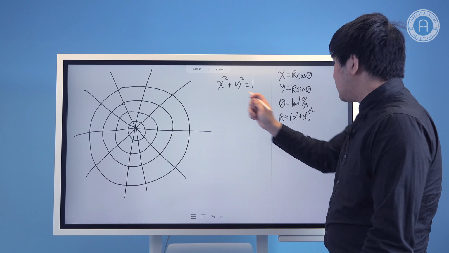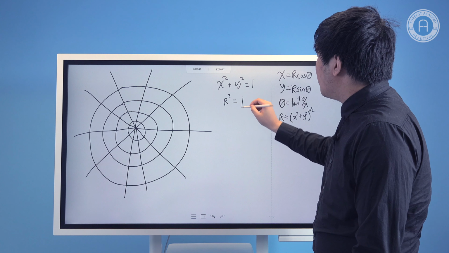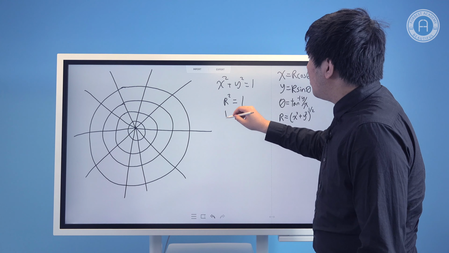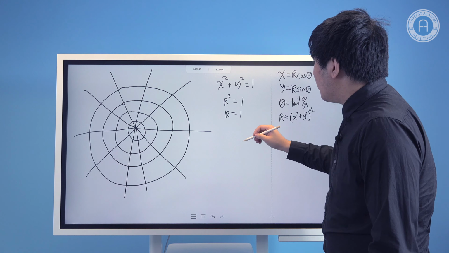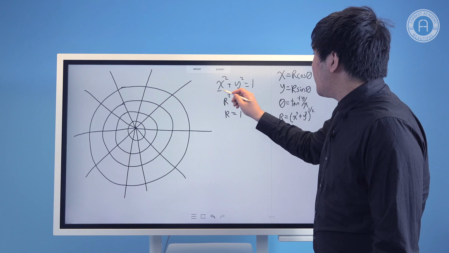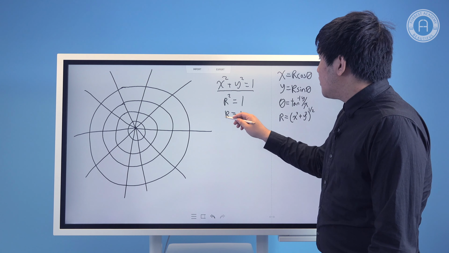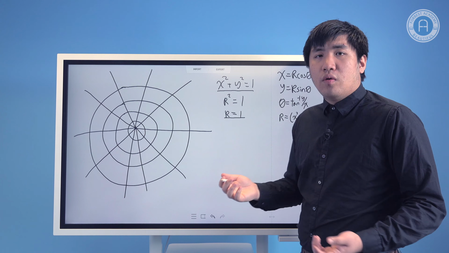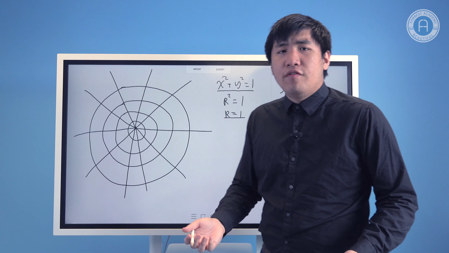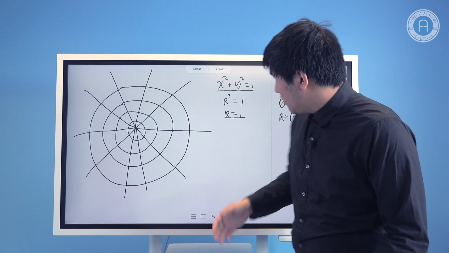So if we plug this in, we'll have r squared equals 1, or in other words, r equals 1. So in effect, we go from a complicated equation in Cartesian coordinates to a very simple equation in polar coordinates. However, we don't always want to do this for every single equation.